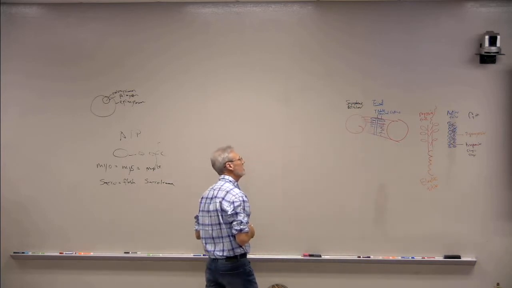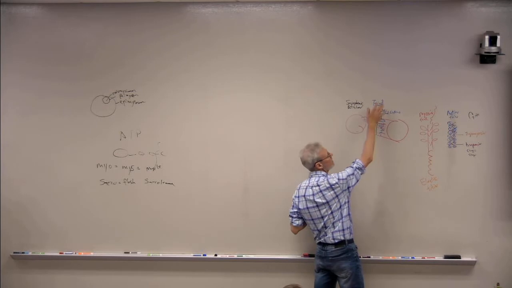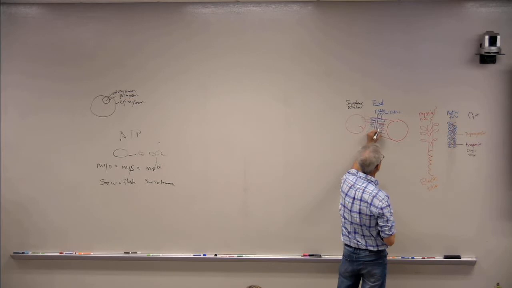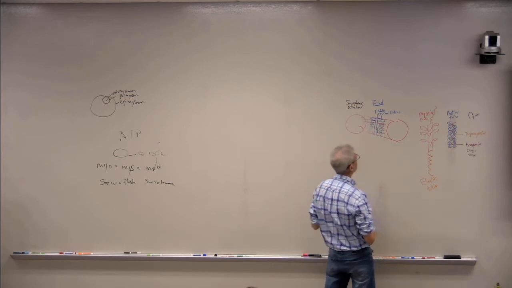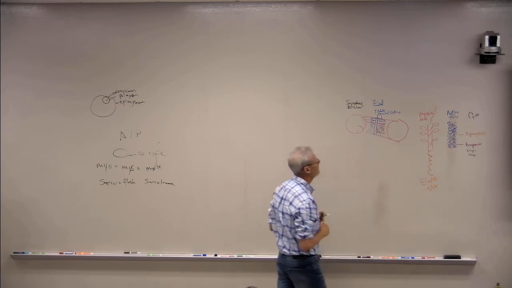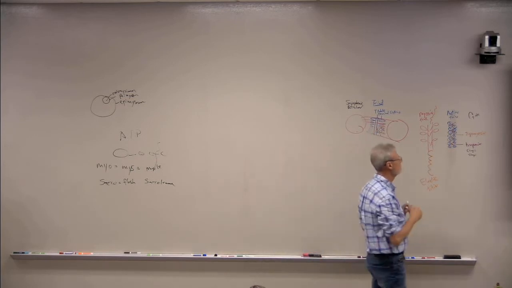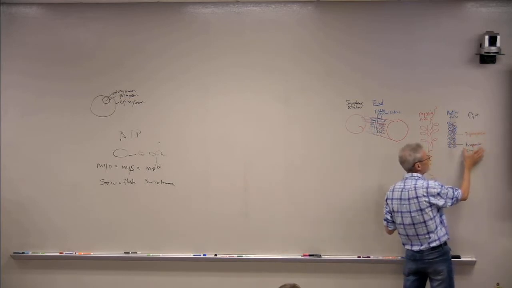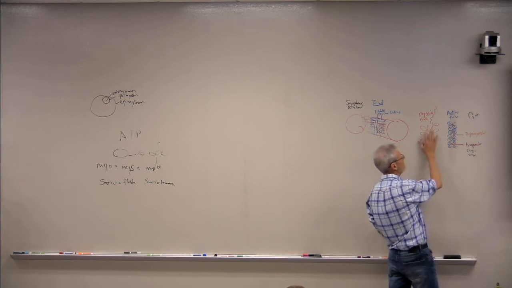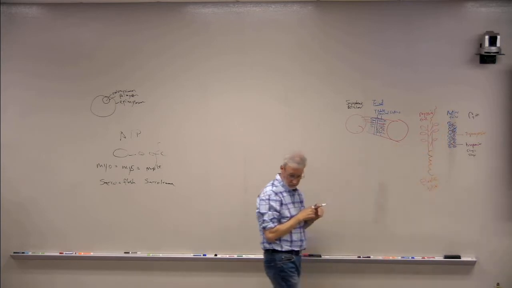And when we get down to individual cells, we call it the triad, the T-tubules and the terminal cisterns. And the calcium is in here, and it is released. When the calcium is released, the intracellular calcium goes up, troponin changes its shape, tropomyosin gets out of the way, ATP provides the chemical energy that becomes mechanical energy, and the cross bridges are formed, and you get a muscle contraction.